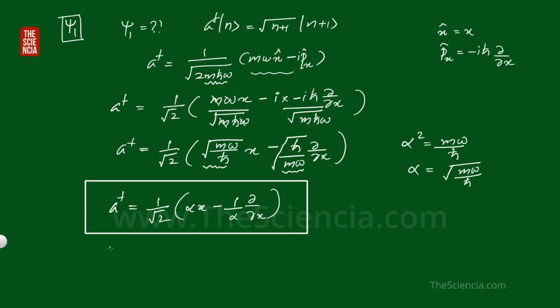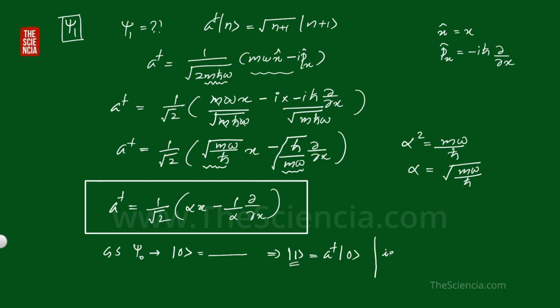Earlier, we found the ground state wave function, that is psi 0. We can represent this in Dirac notation, that is ket 0. Okay, so we know what ket 0 is. So in order to find the next state, that is ket 1, what do you have to do? You have to operate this creation operator on ket 0, right? So we can find out ket 1. That is the idea.